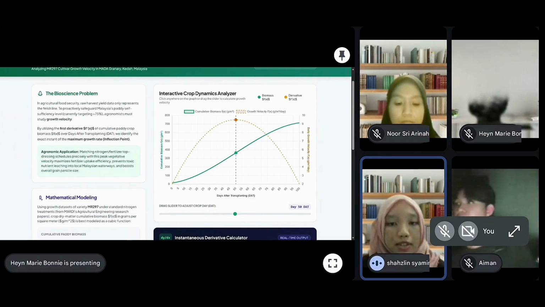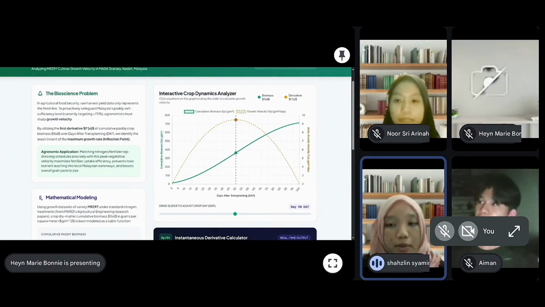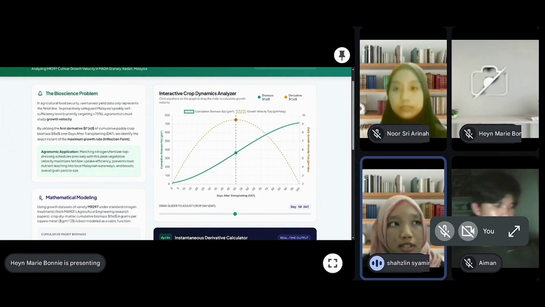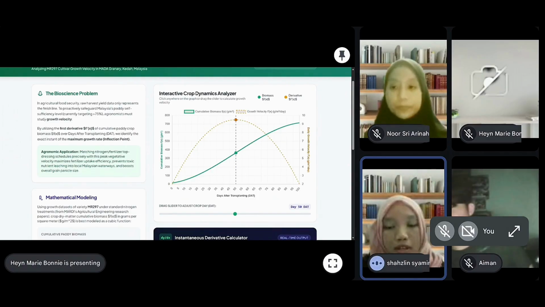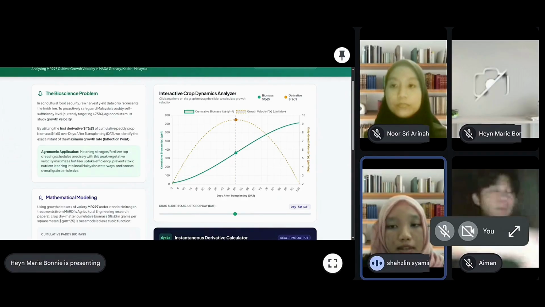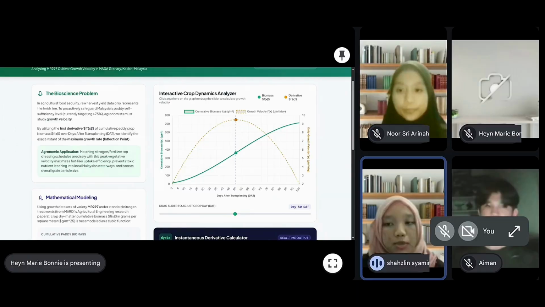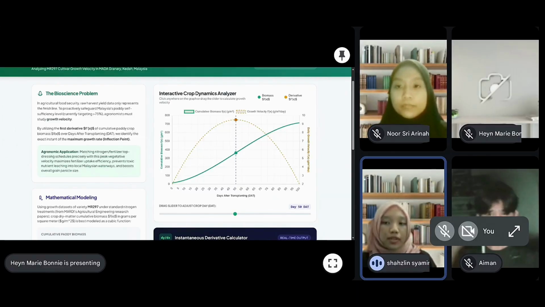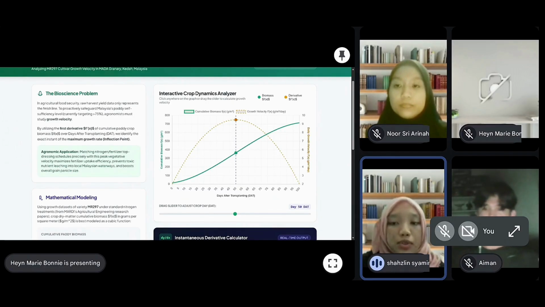At day 50, the cumulative biomass has risen to 365 grams, and the growth velocity peaks at an absolute maximum of 9.50 grams per square meter per day.